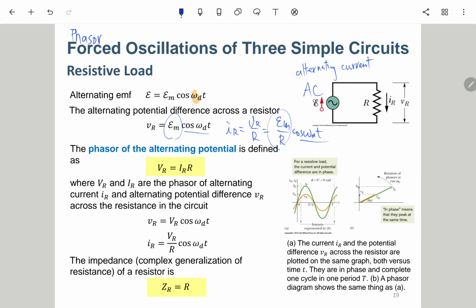So we can consider this omega dt is like plus a zero. Okay.